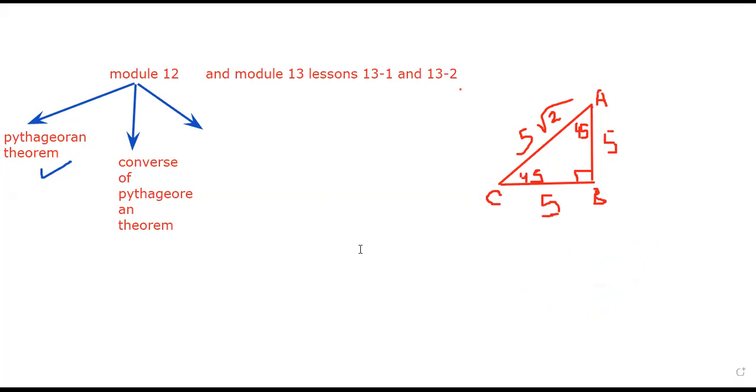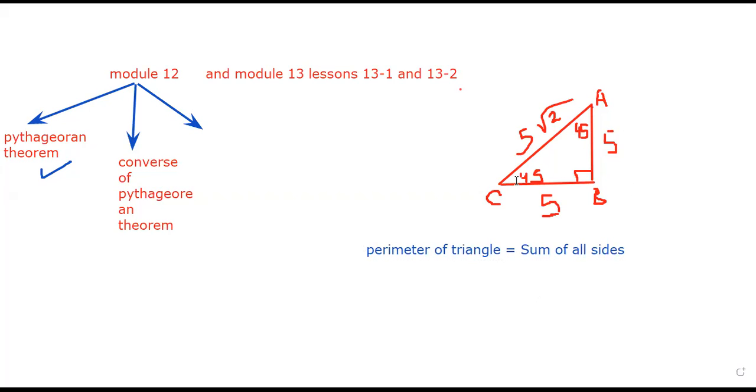No, no, no. The perimeter of any triangle equals what? The sum of all sides. Okay, if you want to calculate the perimeter of any triangle, it will be the sum of all sides.